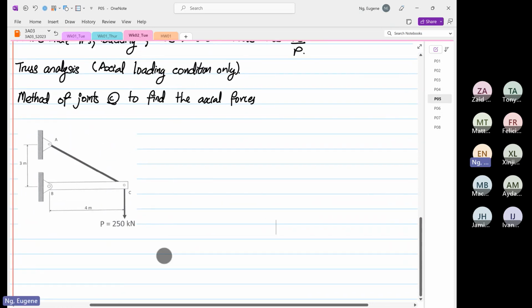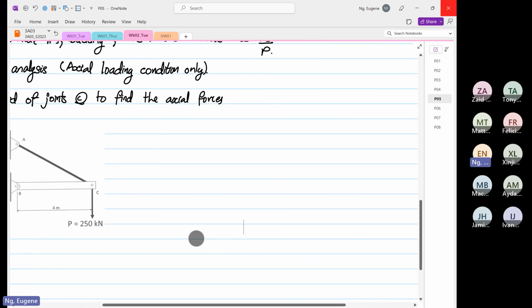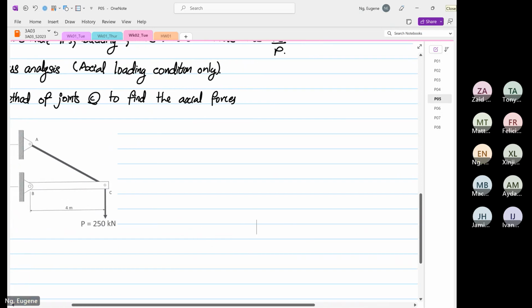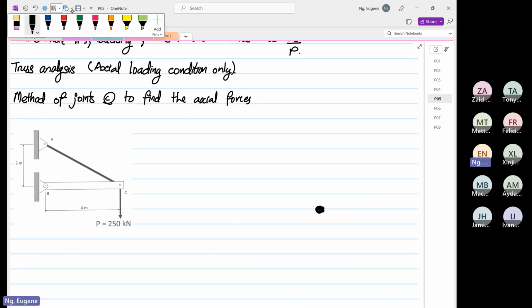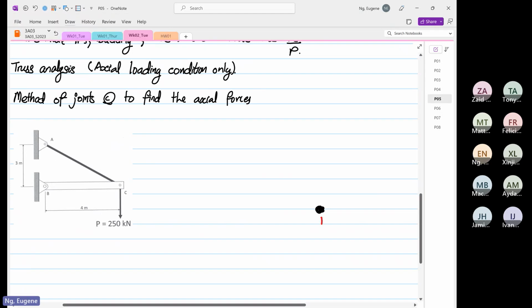So if you look at point C, we're going to apply method of joints. Okay, so this is our point C. Our point C has a vertical load coming down, and this vertical load is 250 times 10 to the power 3 Newton.